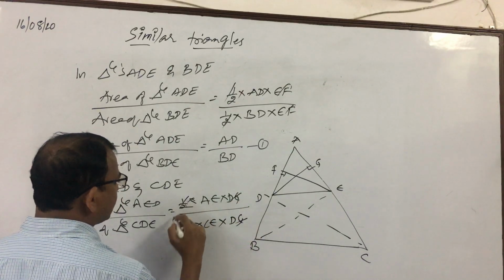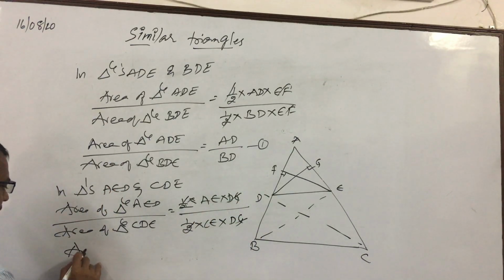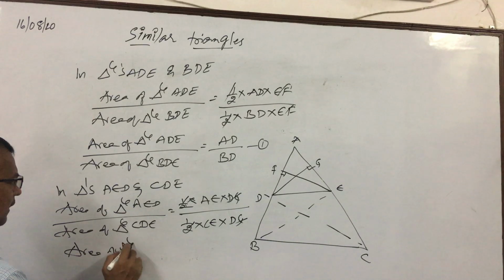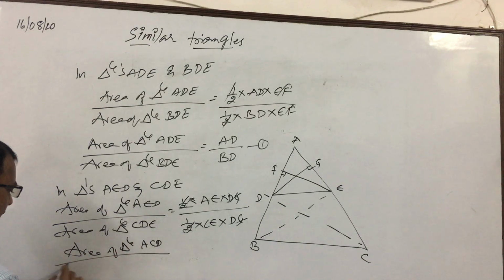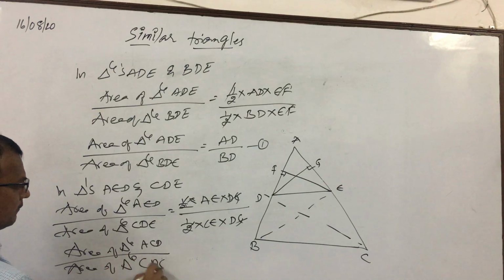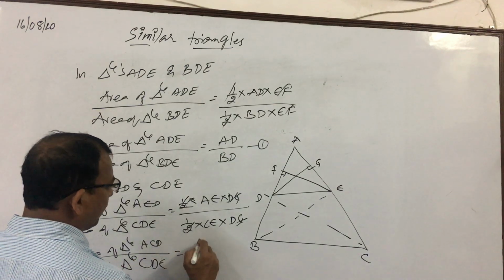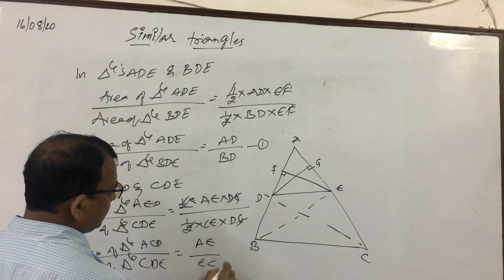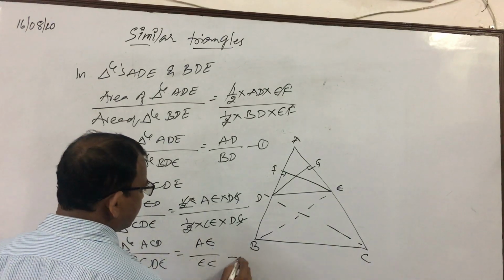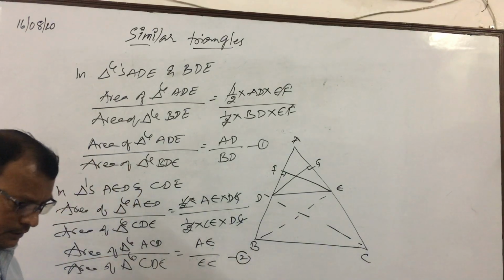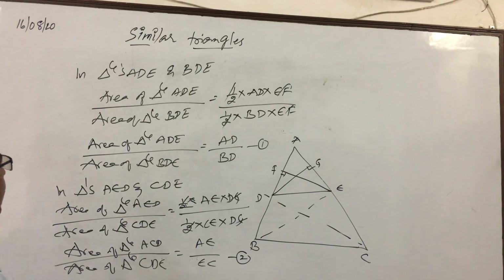DG cancels, half cancels. What you get: area of triangle ADE by area of triangle CDE is equal to AE by EC. This is the second equation.